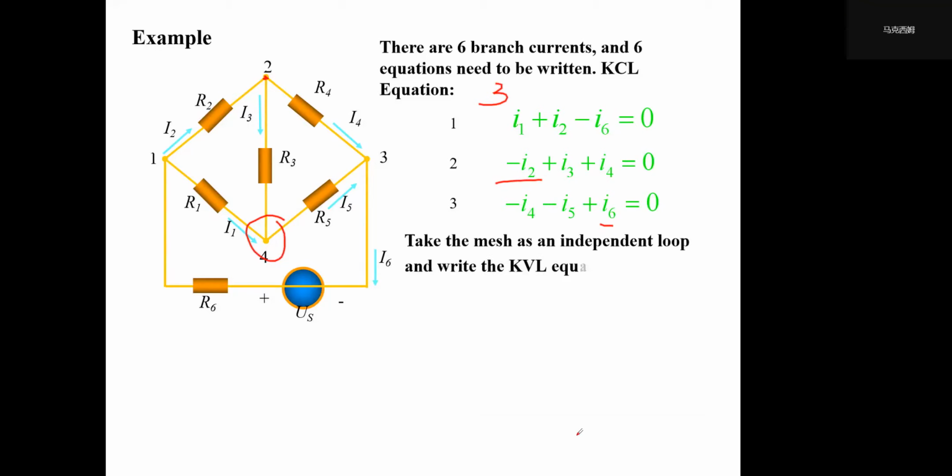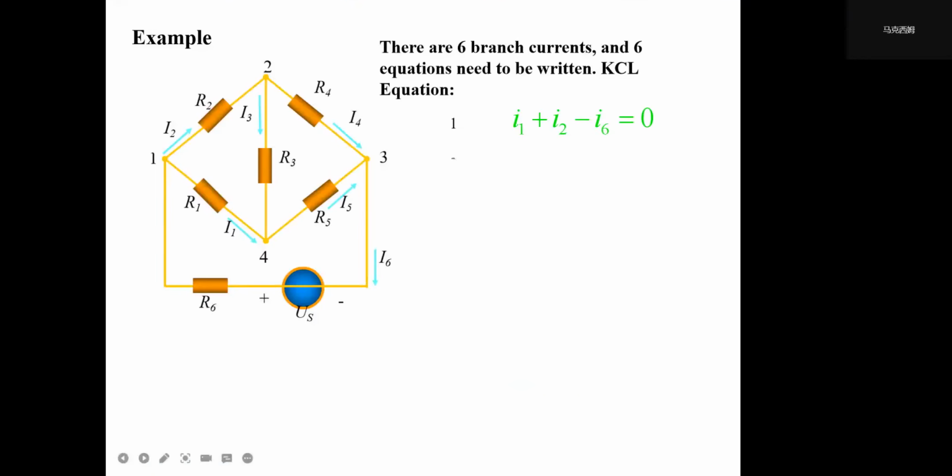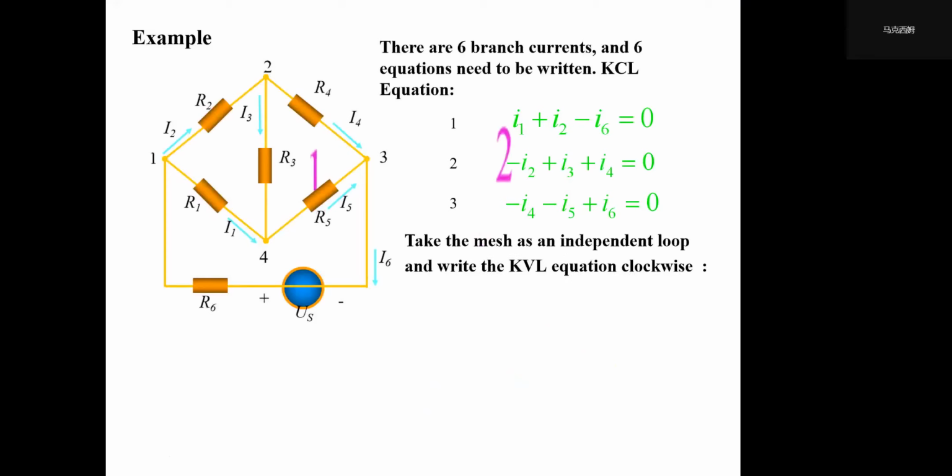And we can take the meshes as independent loops to write the rest of the KVL equations. Now we know that the number of independent KVL equations is 3, so I have to find 3 loops. This time we'll take the meshes as the independent loops to write the KVL equations.